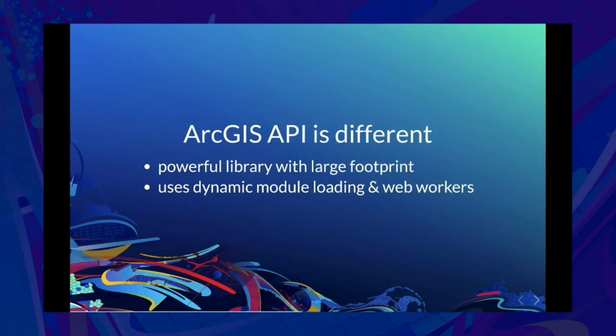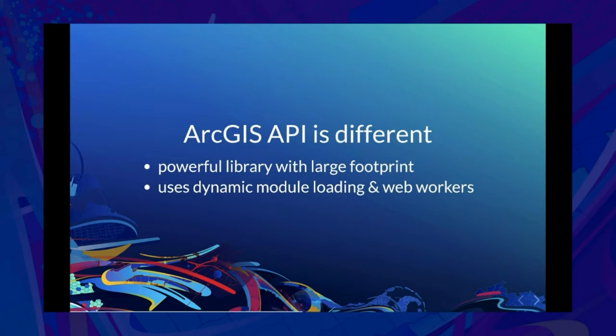And the reason is the ArcGIS API is different than the average package that you're installing from NPM. It's a very powerful library with a very full featured set of capabilities, and that means it's got a large footprint. We mitigate this internally by making heavy use of dynamic imports for modules and also do some work with web workers so that your end users only get the JavaScript they need when they need it.